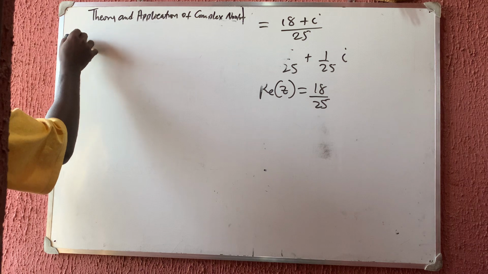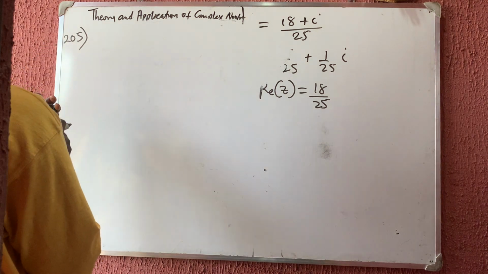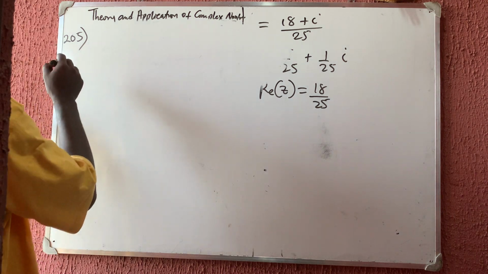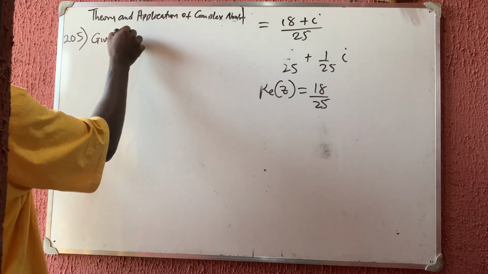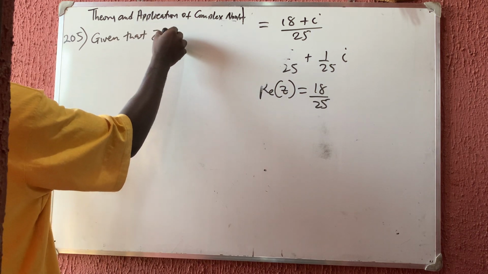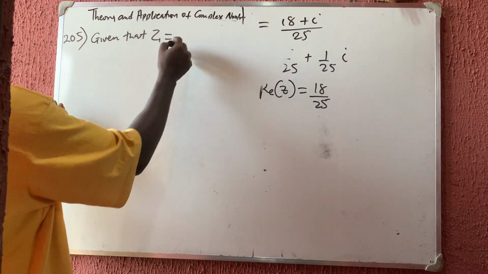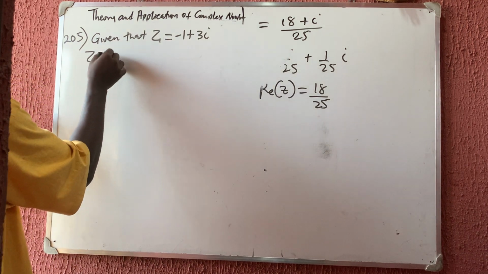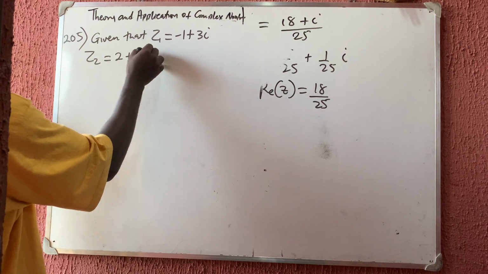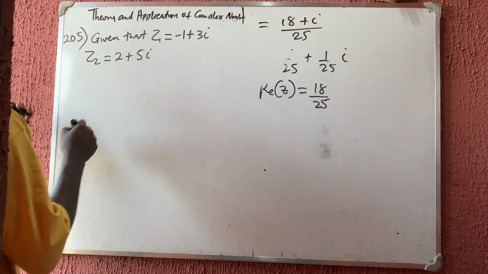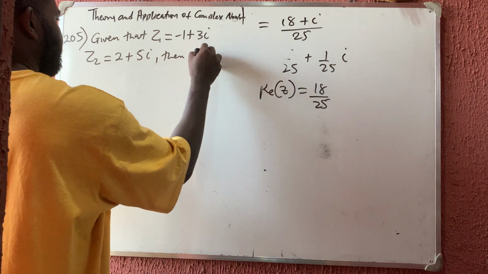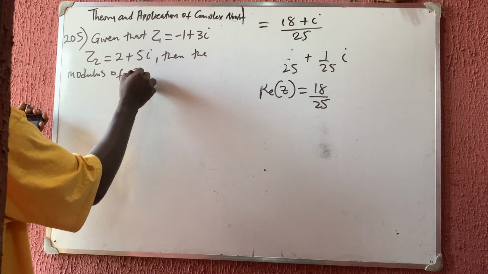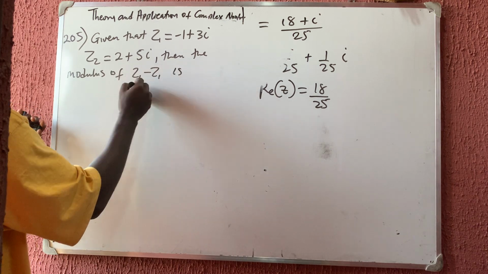Question number 205 said, given that z1 is equal to minus 1 plus 3i, and z2 is equal to 2 plus 5i, then the modulus of z1 minus z2 is dash.